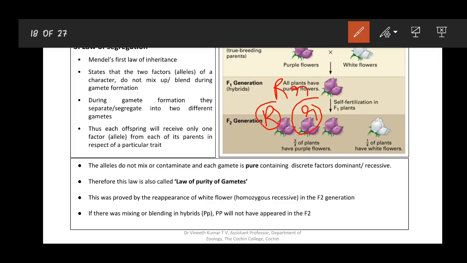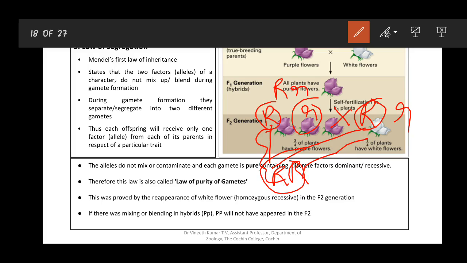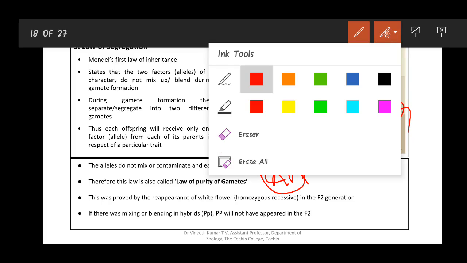So that's clear. This is one parent and this is another parent. And in an offspring, this R is from one parent and this is from another parent. So what is shown here is, each offspring will receive one factor or one allele from this and the other allele from the other. So in every case, the same thing will happen.